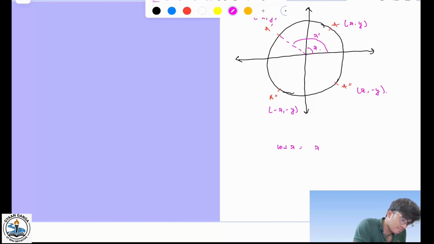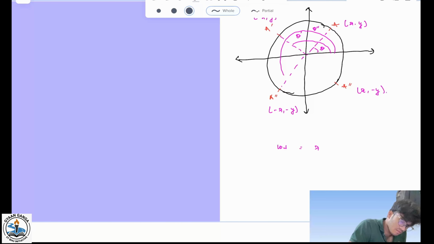I'd rather take a different variable for the angles. Let this be theta and this be theta dash. Then you have theta double dash, and the last one is theta triple dash.